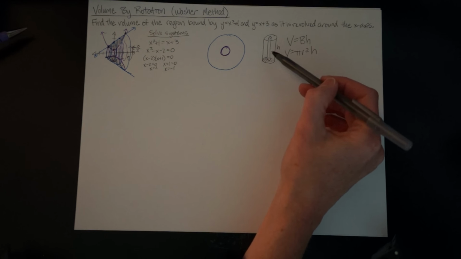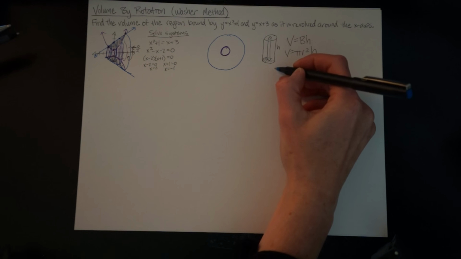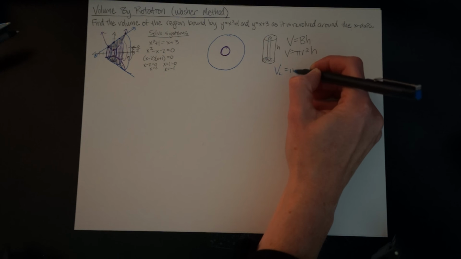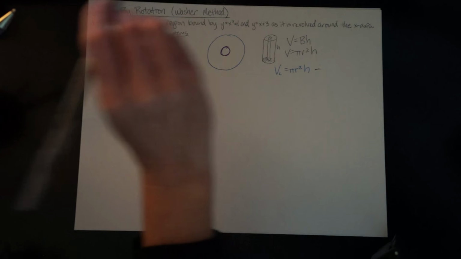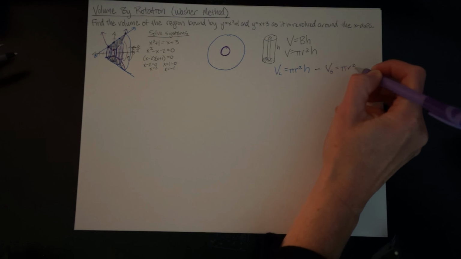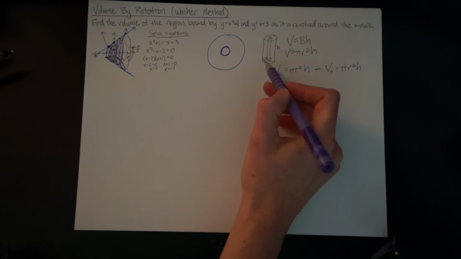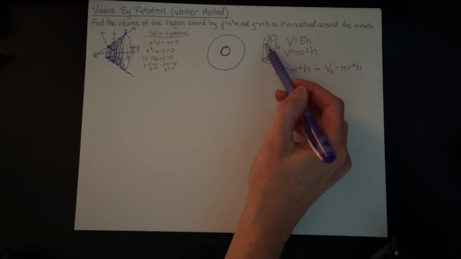Now if I wanted to do this plain old cylinder with a hole cut out of it, I would take the volume of the larger cylinder, pi r squared, which would have the larger radius, and I would subtract the volume of the smaller cylinder, which would have a smaller radius but the same height, to find the volume of this very simple cylinder with a hole cut out of it.